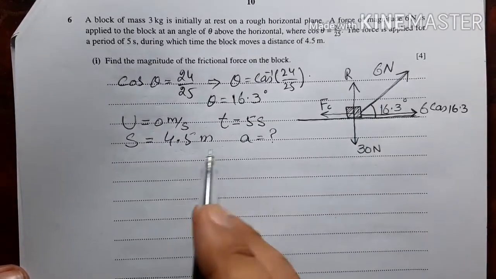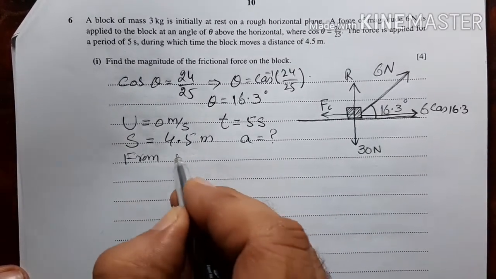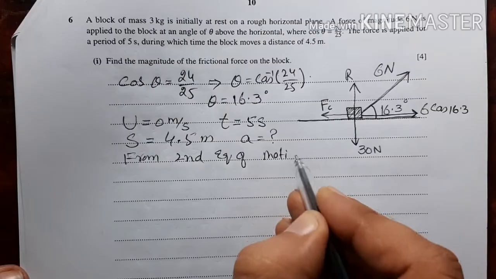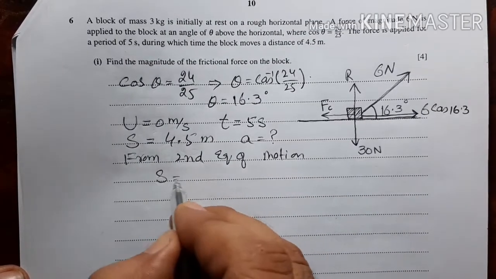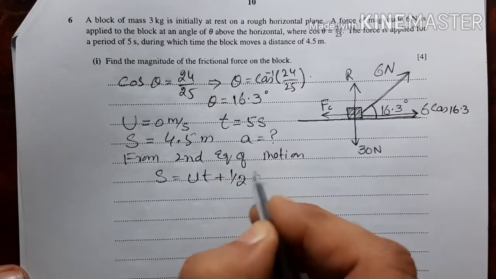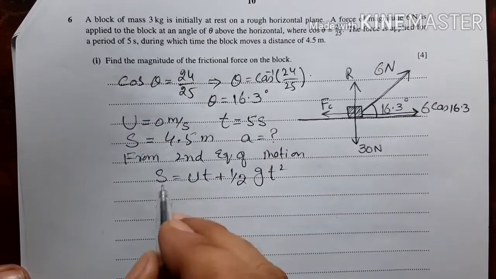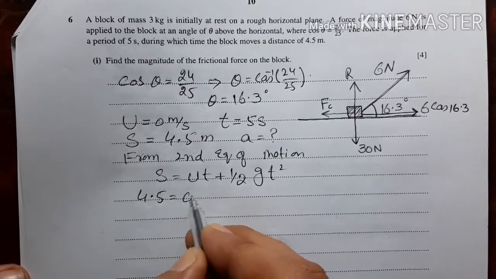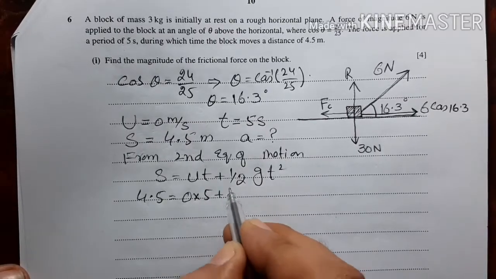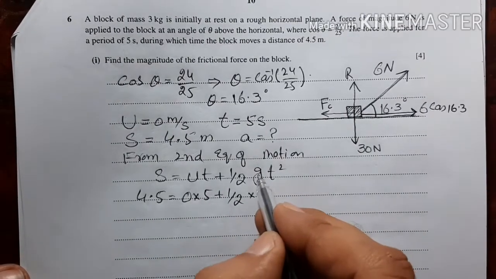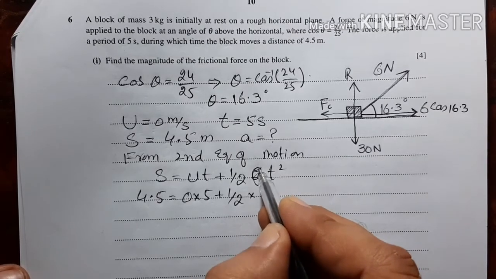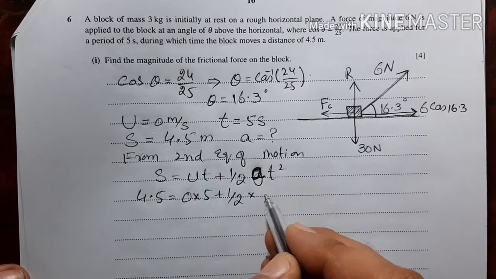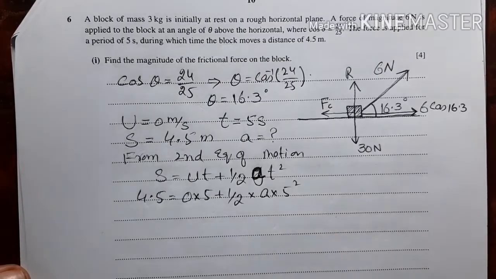If we closely see, we can use the second equation of motion. S is equal to ut plus half at square. So this will become 4.5 is equal to 0 into 5 plus 1 by 2 into, sorry, this is A, because the body is moving horizontally, so this is A, not G. So A we need to find, T means 5 square.